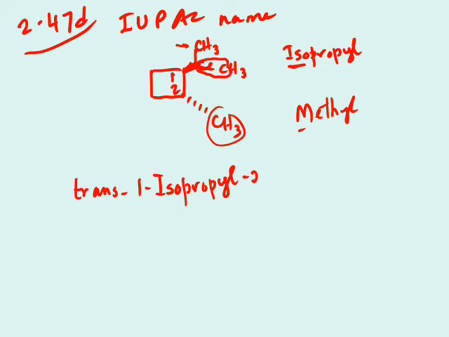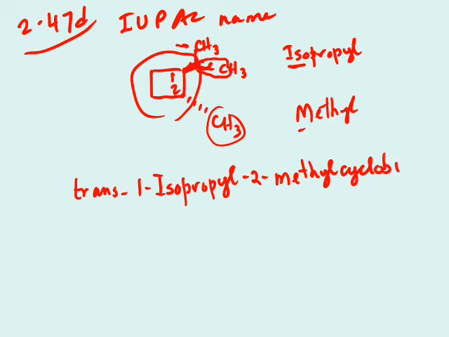Again there will be a dash, between number and letter there is a dash, methyl, with a small letter. So 1-isopropyl-2-methyl, then I need to name this ring structure, which is 4-membered. 4-membered is butane, and it's a cyclic structure, so it's cyclobutane. So you need to write it down as cyclobutane.